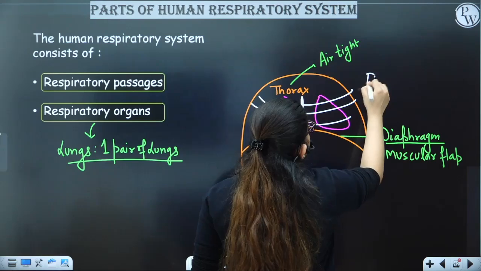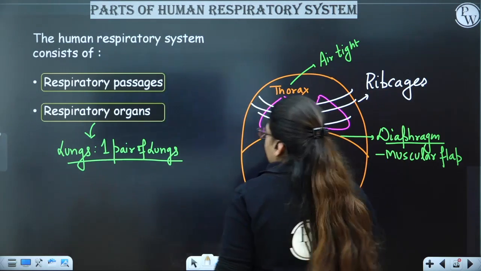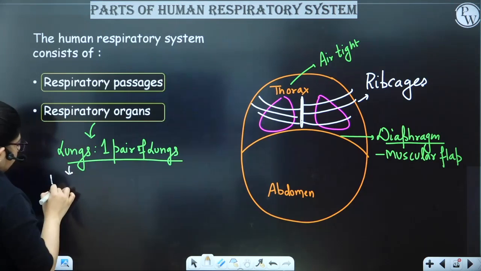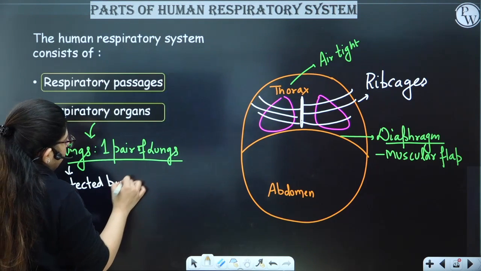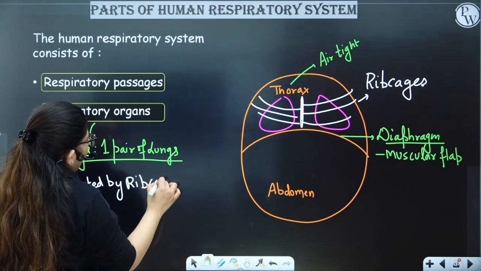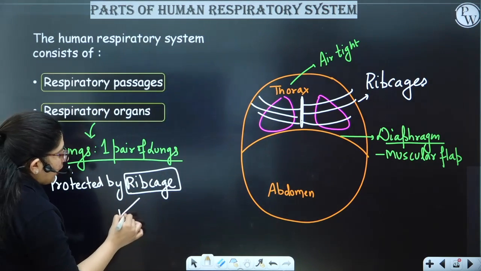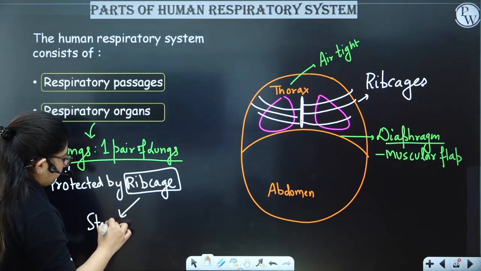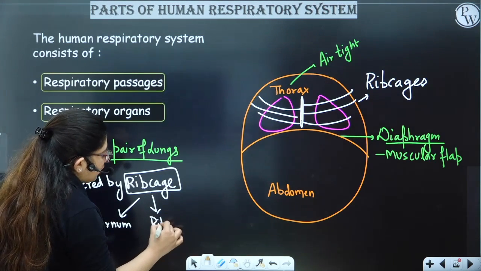If someone asks you how lungs are protected, they are protected by the rib cage. Now, what are the bones that form your rib cage? One is your sternum. Second, obviously, your ribs.